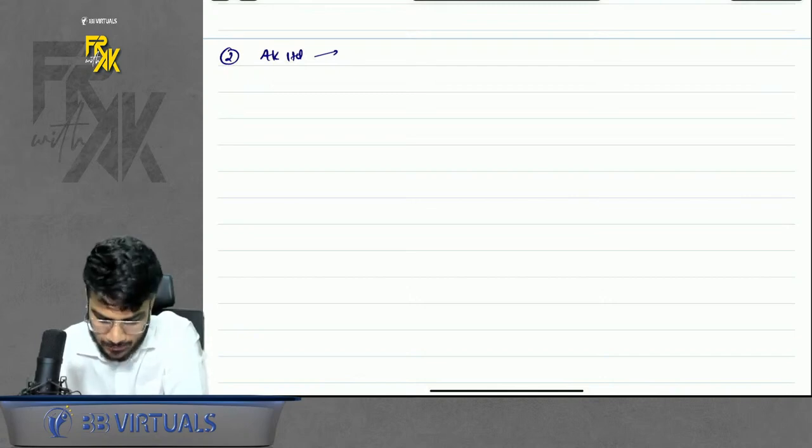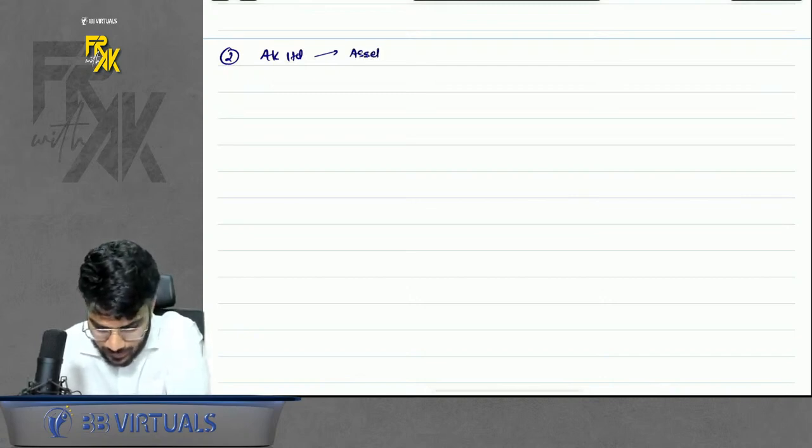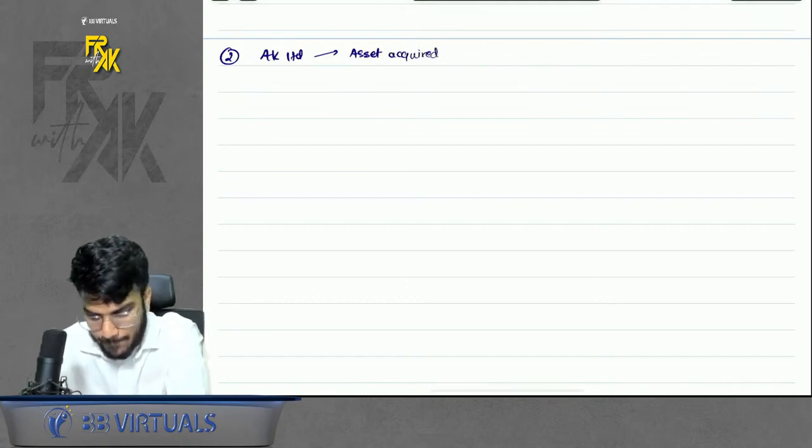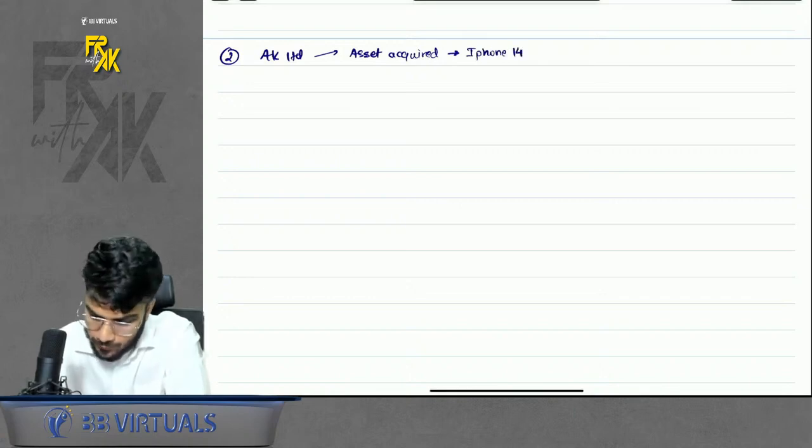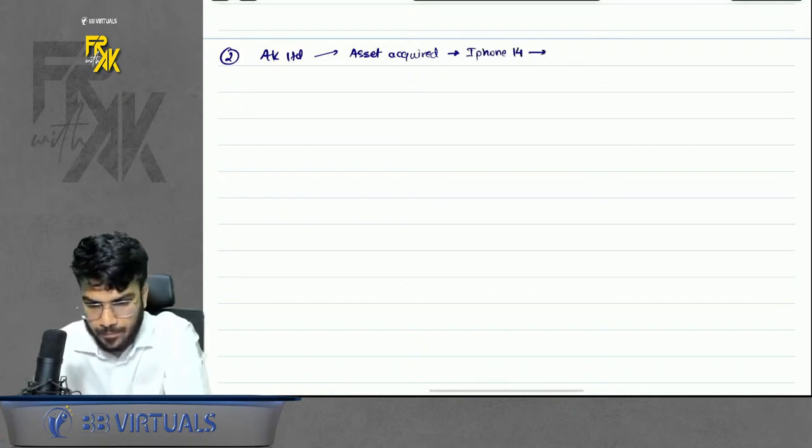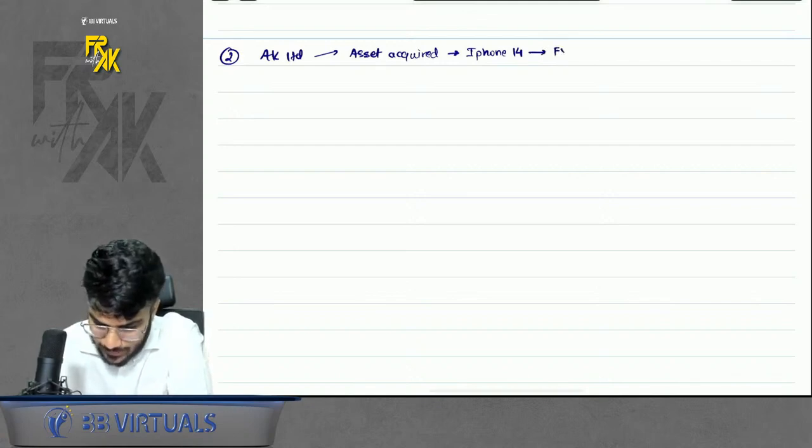Now, let's take example number 2. Let's say AK Limited acquired an asset. Asset acquired was an iPhone 14. Let's say the fair value was 1 lakh.